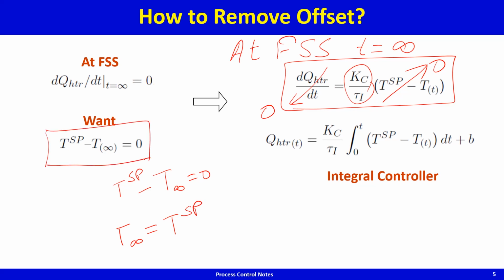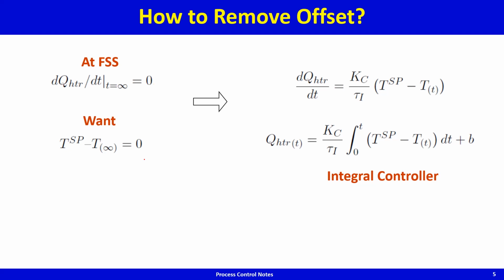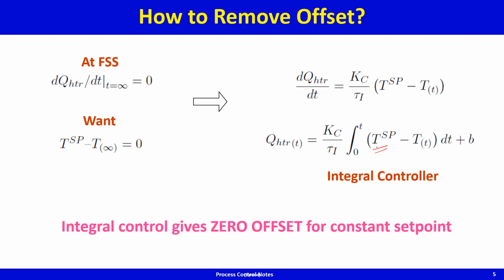So you see, the integral action eliminates offset. Just very simple analysis shows this. Eliminates offset for a constant set point. So integral control gives 0 offset for a constant set point.